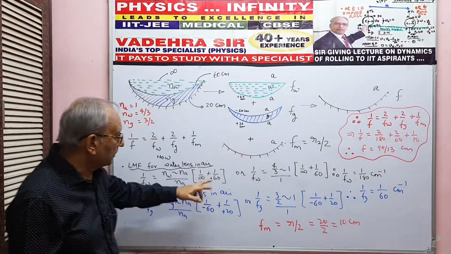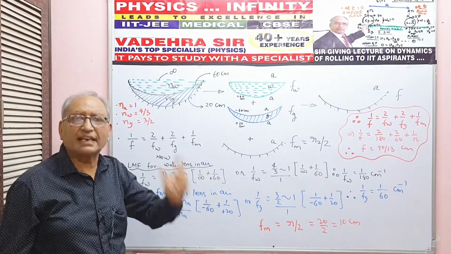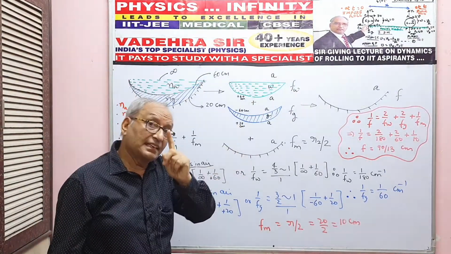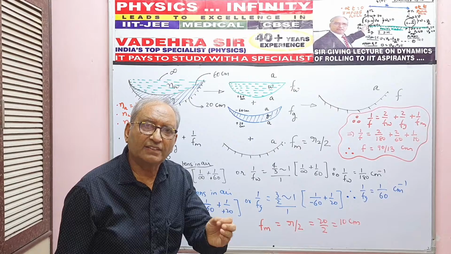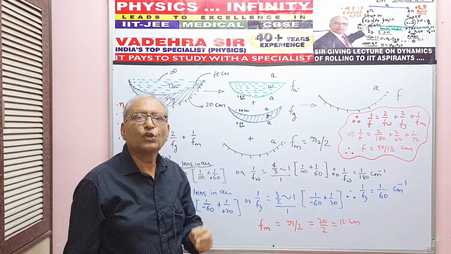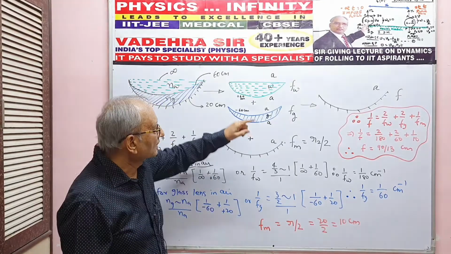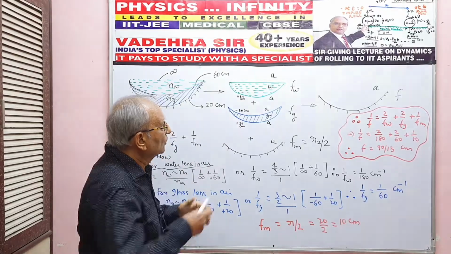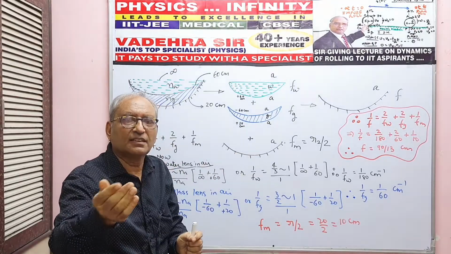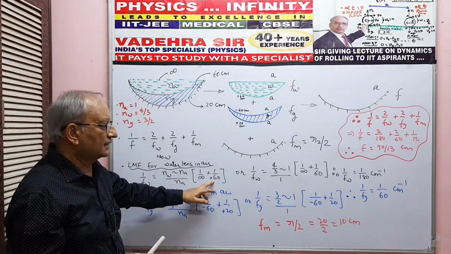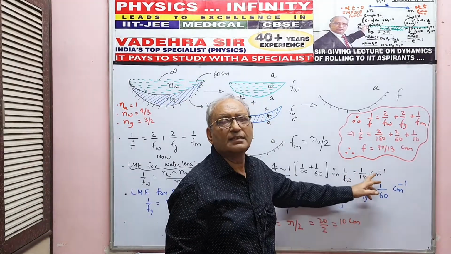So plus 1/60. Here is one clue: to decide whether a refracting surface is convex or concave, look at the surface from the side of the rarer medium. This is water, this is air, so you will see from here it is convex. A convex refracting surface has positive radius of curvature, so plus 60. I solve that, and I get 1/FW = 1/180 cm^-1.